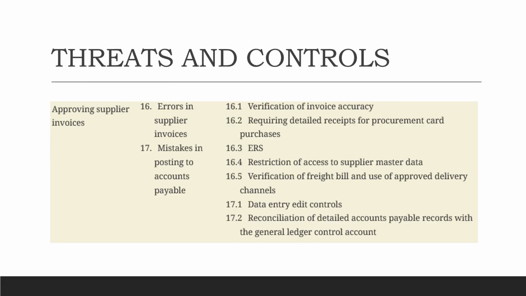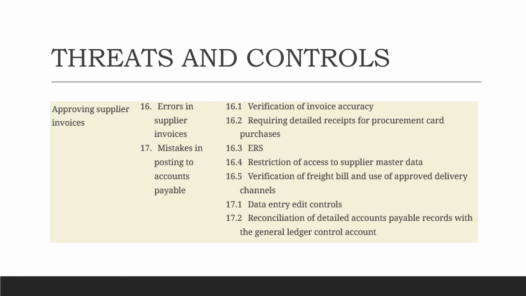Okay, so let's take a look at some of the threats and controls that we could apply on our end and what could happen. For approving supplier's invoice, we'll look at threat 16, errors in supplier's invoice.